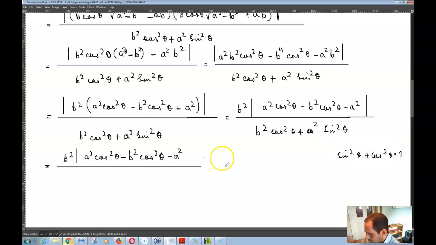So instead of 1 over here I can write sine squared theta plus cos squared theta. Okay, and then this is my absolute value function, and here is my denominator: b squared cos squared theta plus a squared sine squared theta.